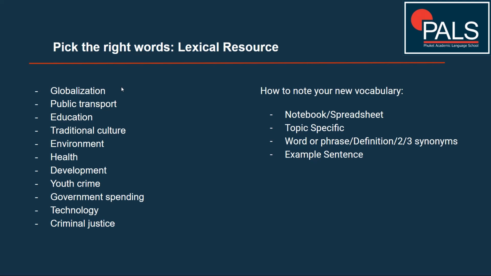So in the globalization topic, you might get things like economic meltdown or economic collapse, two words that go together that have a definite meaning. These get you higher level vocab points, and I advise when you go through your reading to highlight single words and collocations as you go along. And you do this for all the different common topics for Writing Task 2.